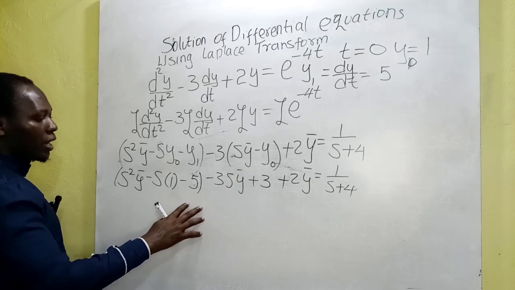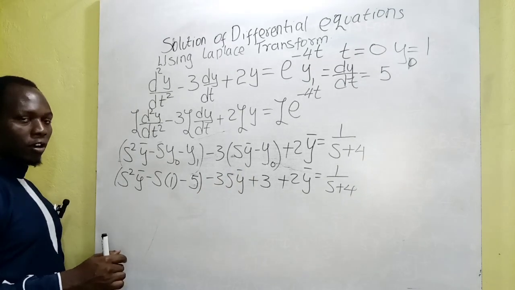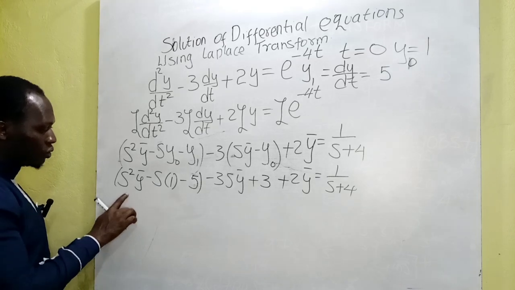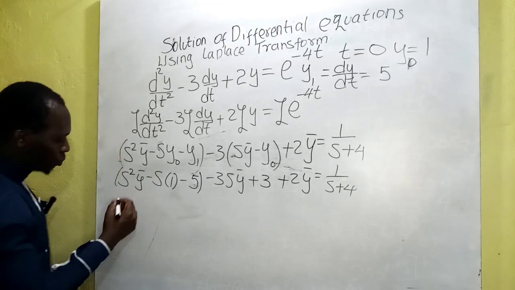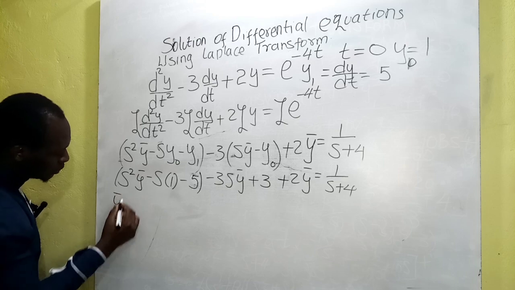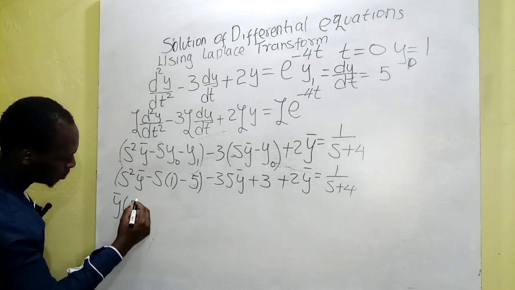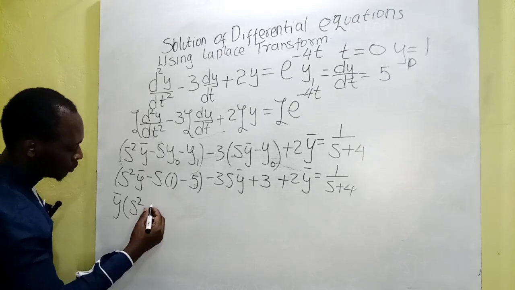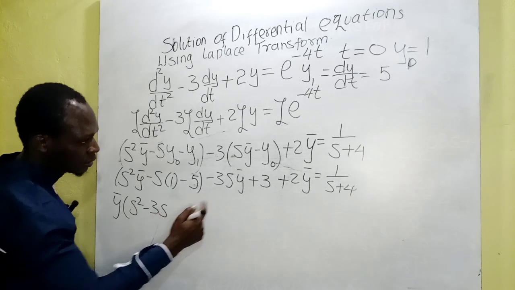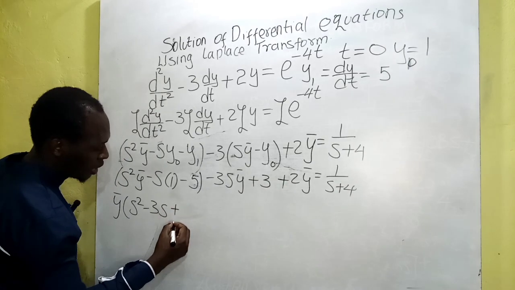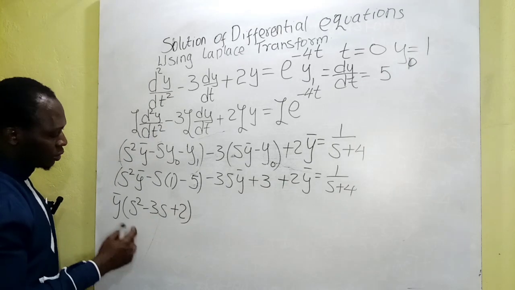At this point, we can collect the common terms of y bar, because here we are having y bar, y bar, y bar. To mean that we can factor out the term y bar and collect the like terms. S squared, here we are subtracting 3s, and here we are going to have a positive of 2.